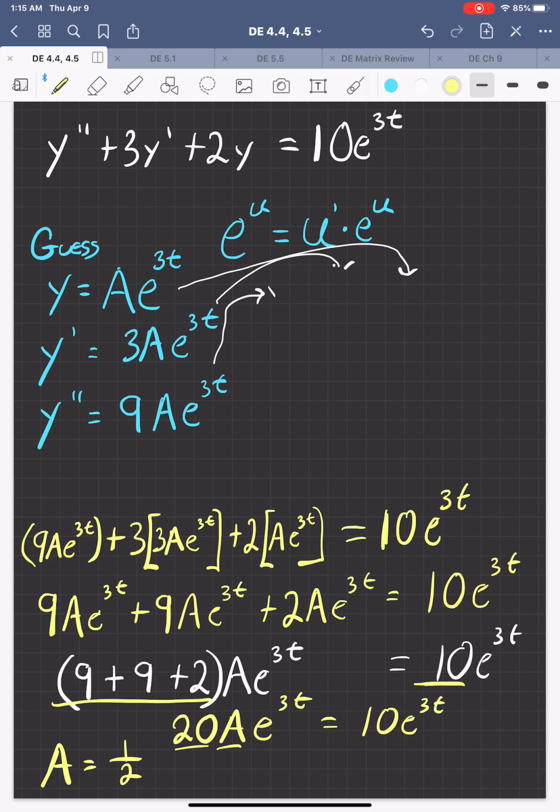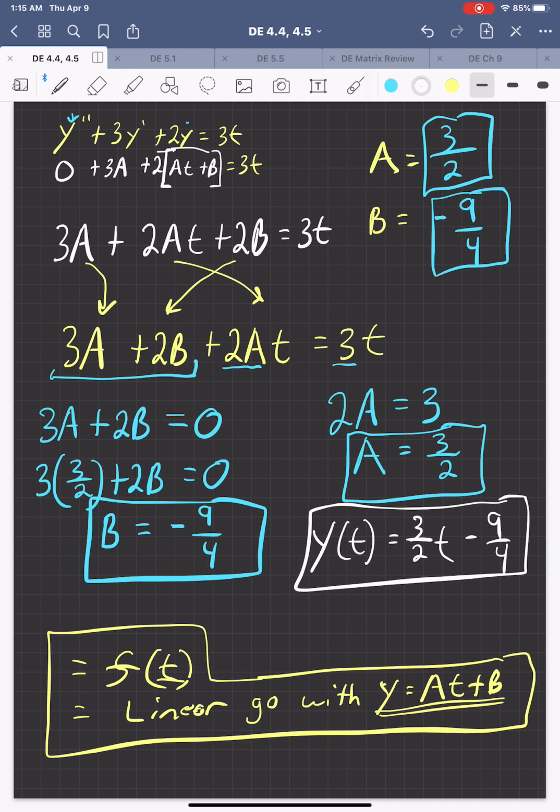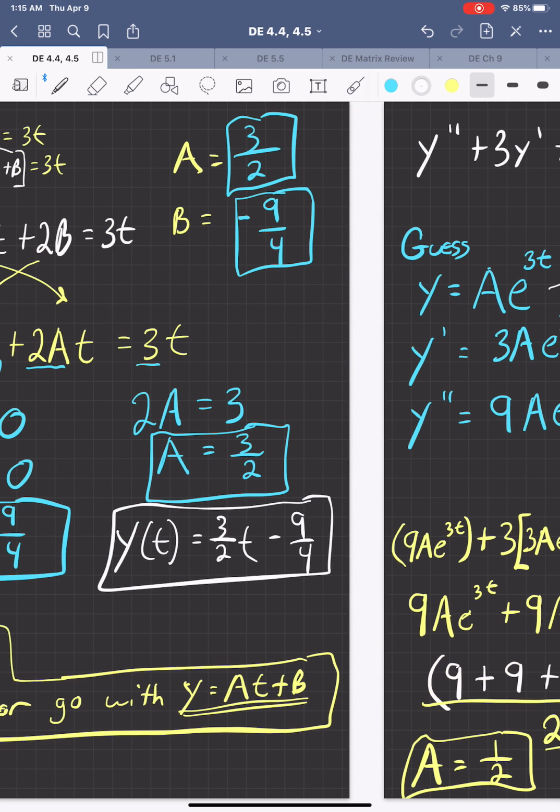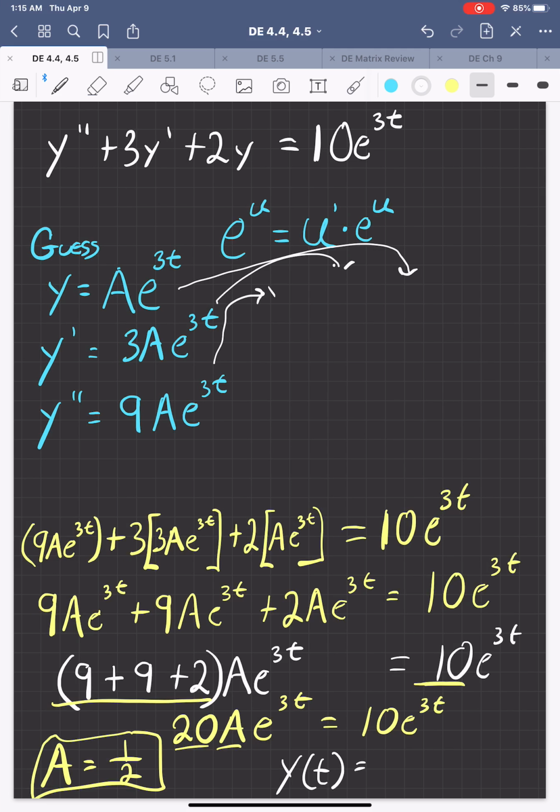Okay, so now listen, that's perfect. If on a quiz or a test, if you find out what a is, that's perfect. But you weren't asked to find what a is. You were asked to find what y of t is equal to. All right, so let's go back to the previous page, to the above page.